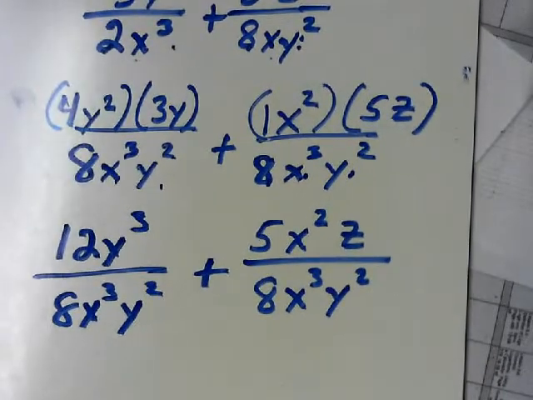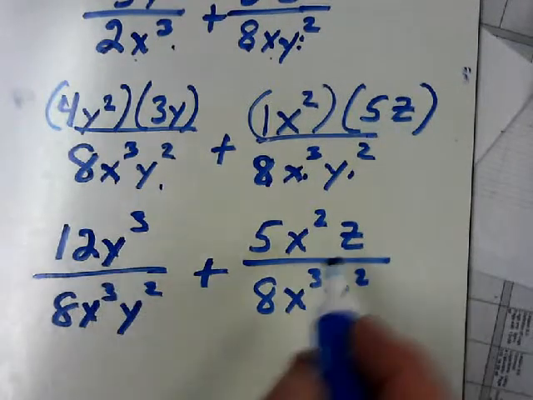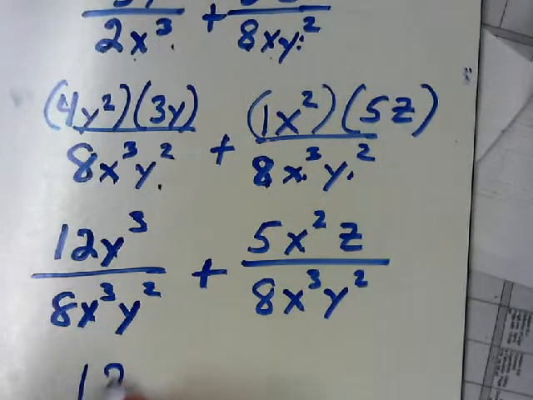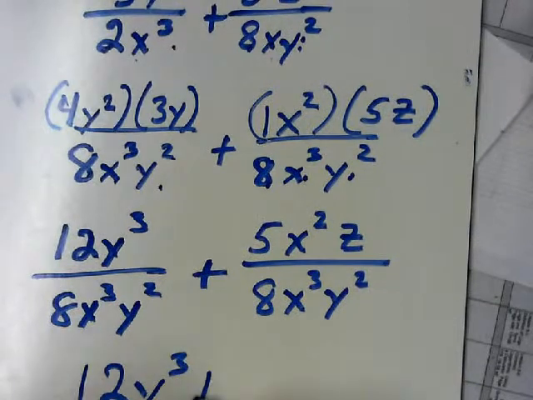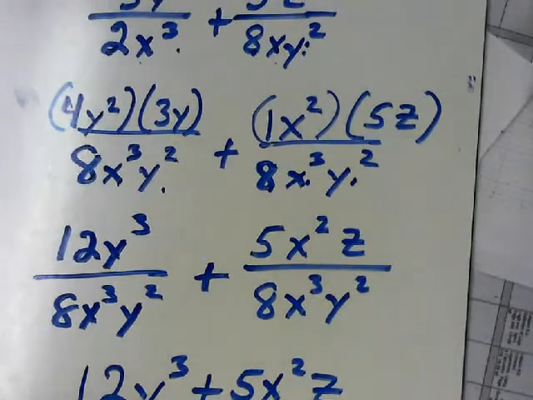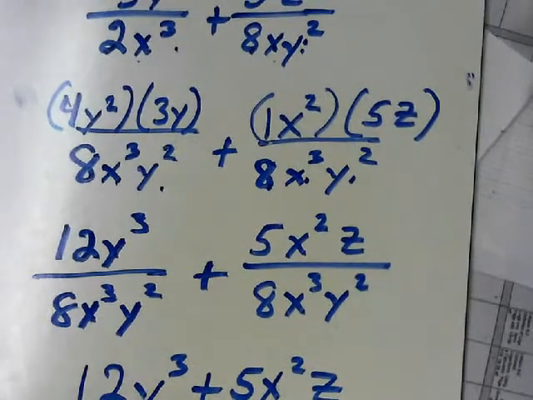I have a common denominator, don't I? So I look, are there any similar terms in this expression? There are no similar terms, correct? Absolutely none. But I want to write it over one denominator, which means I put them together, all over 8x cubed y squared.